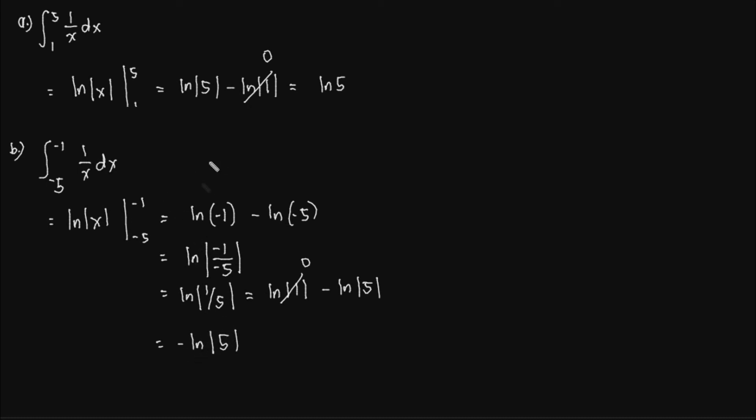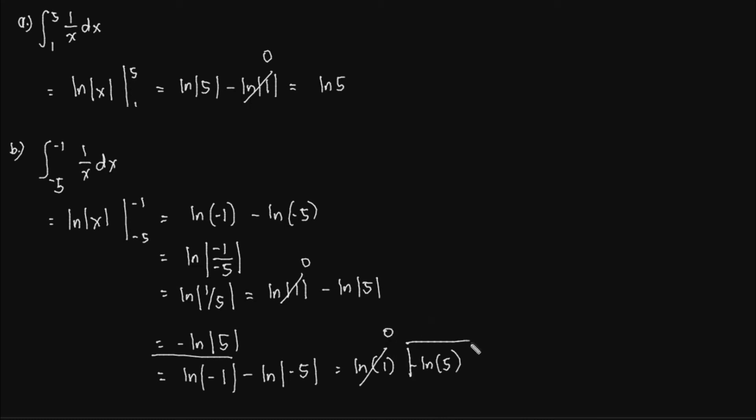So how about if you try incorporating your absolute value? In this case, this becomes equal to ln of the absolute value of -1 minus the natural logarithm of the absolute value of -5. So with this, this becomes something like ln of +1 minus ln of +5, which is negative ln of 5, and then this would be your final answer.